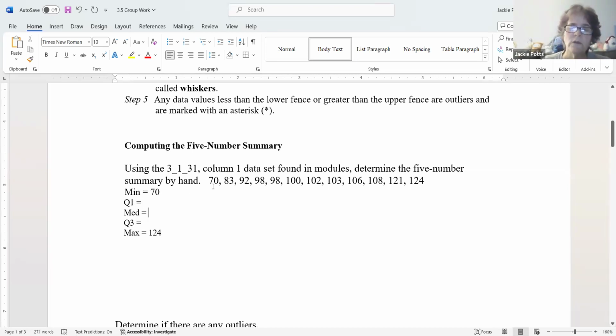Because remember, how do we do this? We've got to find the middle number, and then we do the left half and the right half. So I've got 1, 2, 3, 4, 5, 6, 7, 8, 9, 10, 11, 12. So 12 divided by 2 is 6.